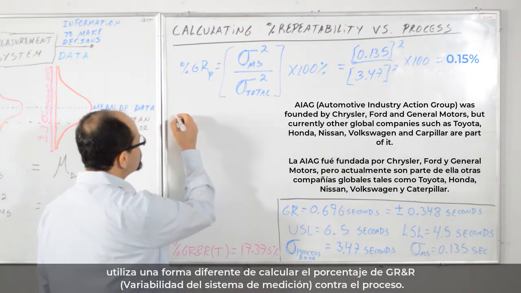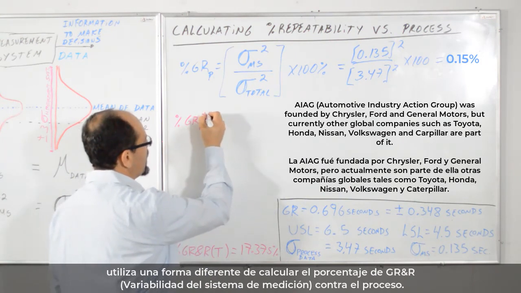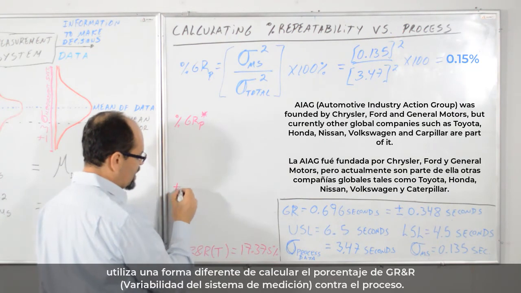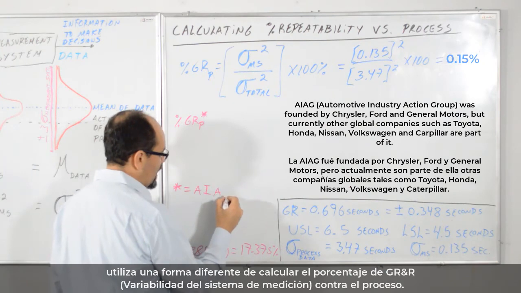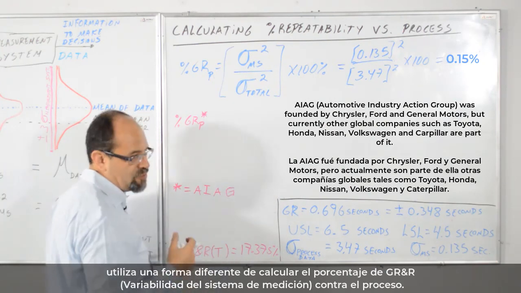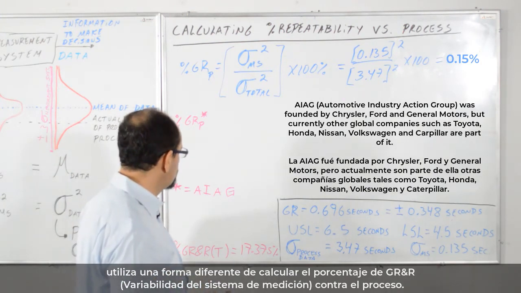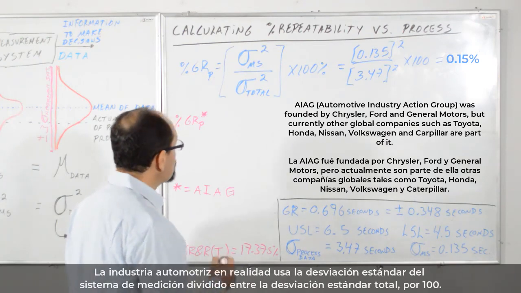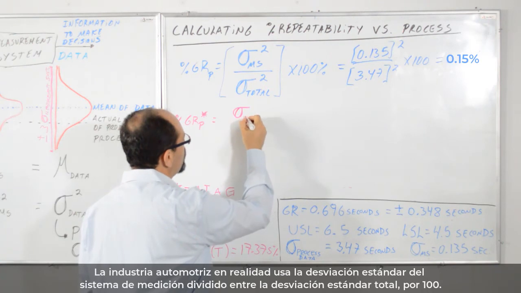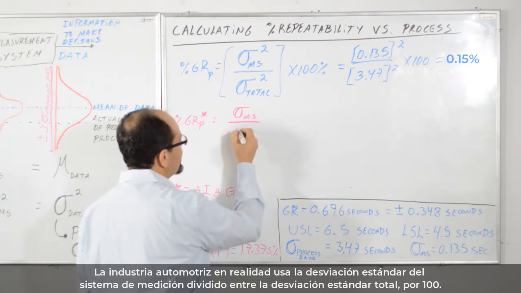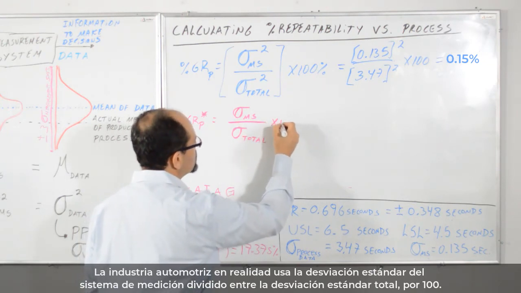Now, the American automotive industry, which is known as AIAG, which is for General Motors, etc., they use a different way to calculate the percentage of GR&R against process. They actually use the standard deviation of the measurement system divided by the standard deviation total times 100.